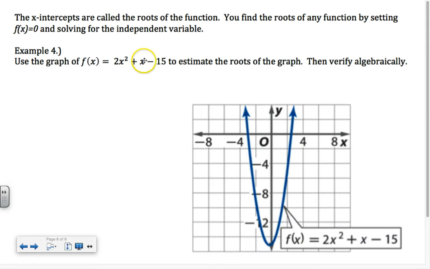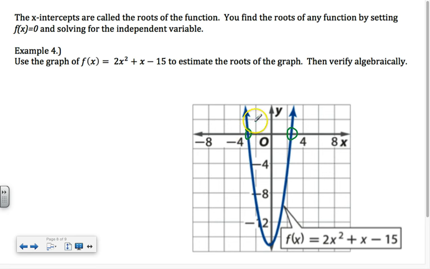f of x is equal to 2x squared plus x minus 15. The first thing I'm going to do is estimate the roots of the graph, which are going to be right here and here. I do notice that my scale goes up by 2, so this is a little bit more than 2 and a little bit less than negative 2.